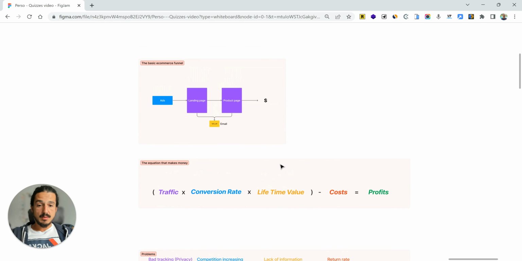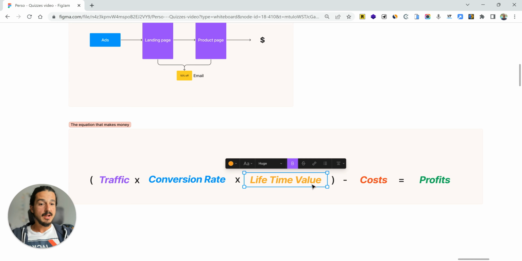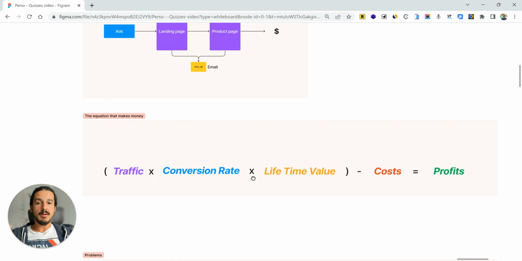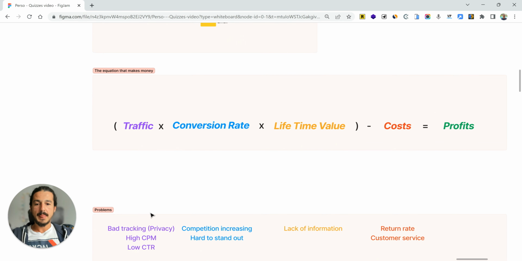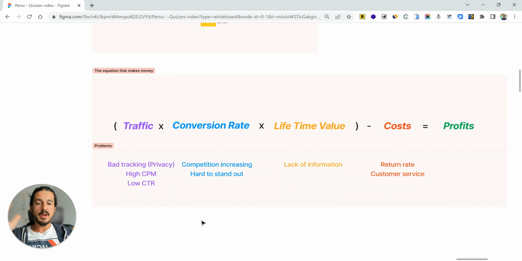So if we look at what creates money for e-commerce, this equation is the basic: traffic times conversion rate times lifetime value minus cost equals profit. And if we look at the basic e-commerce funnel, then we can see, especially these days, that we have a lot of problems to improve the profitability of e-commerce.